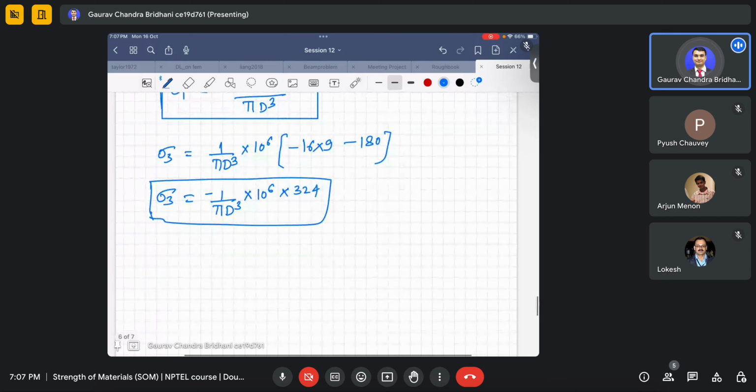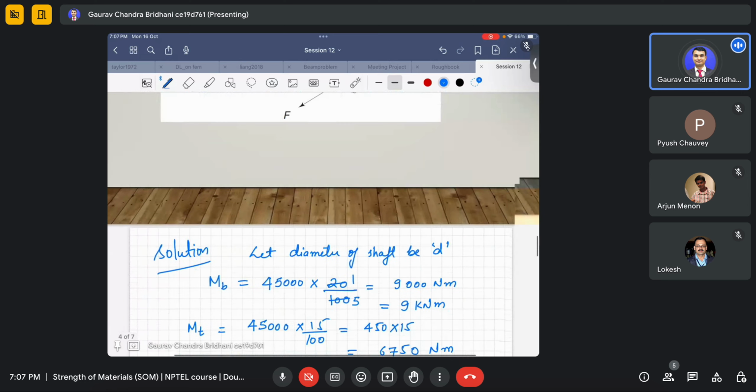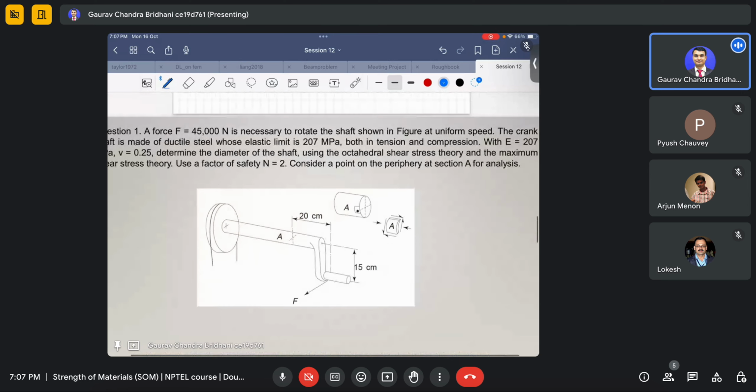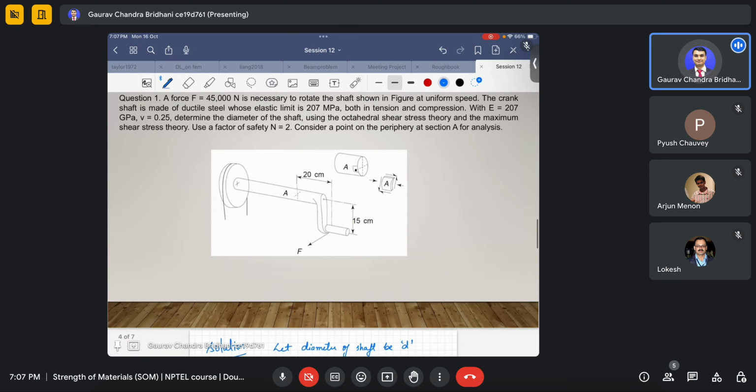So first we need to decide which theory to go with. We have to go to the question again. It says, determine the diameter of the shaft using the octahedral shear stress theory and the maximum shear stress. First we'll do maximum shear stress. Use a factor of safety n equal to 2.